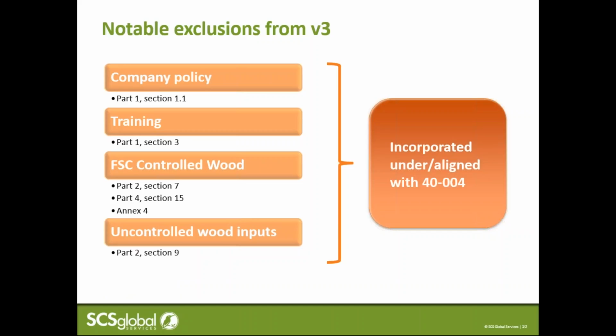It will still be necessary to meet these requirements, just not through the controlled wood standard. Rather, these requirements will be folded into the main FSC Chain of Custody Standard 40-004. So don't disregard these requirements, as you must continue to demonstrate compliance. They will just be assessed as a component of the Chain of Custody Standard instead of the Controlled Wood Standard.